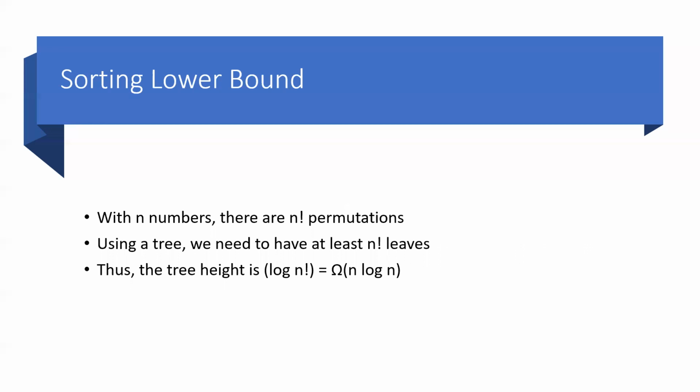If we use a decision tree, we can see that the leaves at the bottom of the tree have to number n factorial. Thus, the height of the tree, h, is going to be greater than log of n factorial, which is n log n.